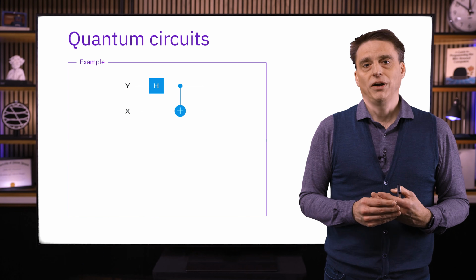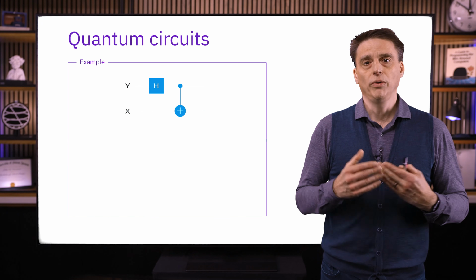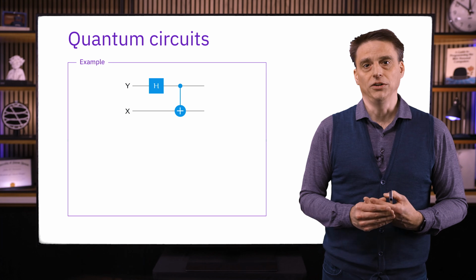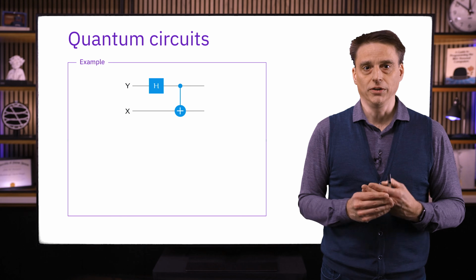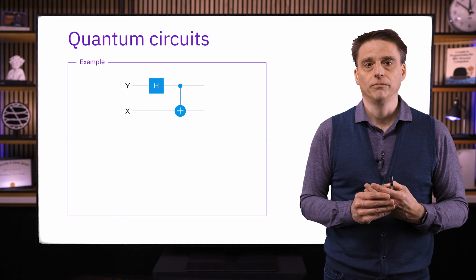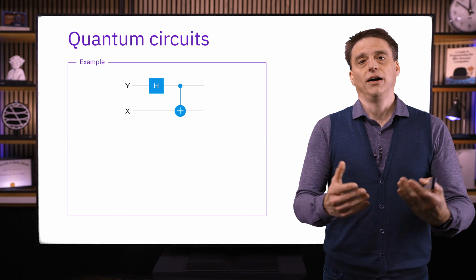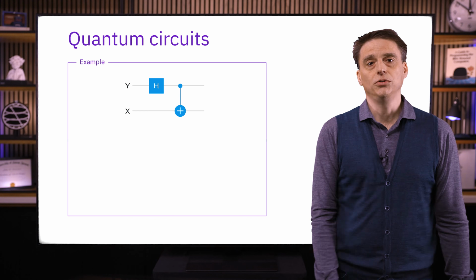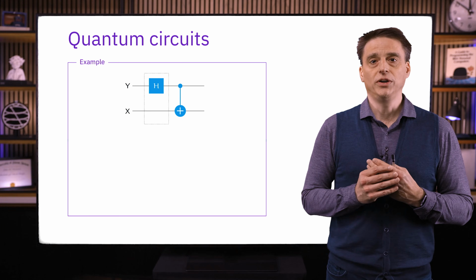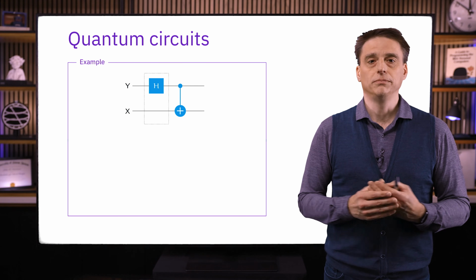So, when we think about the action that this circuit describes, what we have first is a Hadamard gate applied to y, and then a controlled NOT gate on the two qubits, with y being the control and x being the target. If we want to write down a unitary matrix that describes the combined action of these two gates, we can do that. First, we consider the Hadamard gate on y.